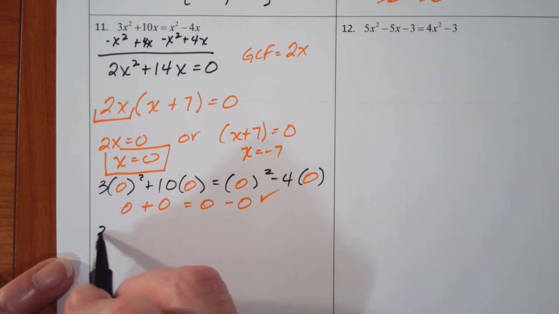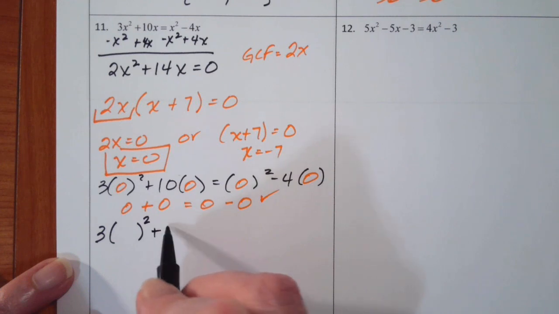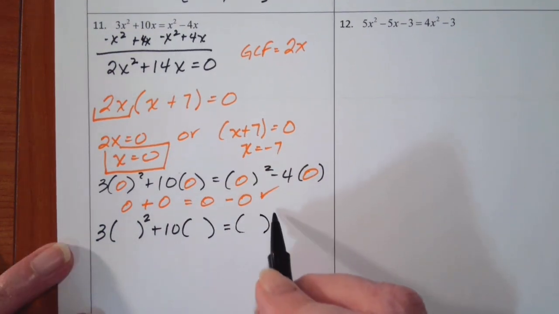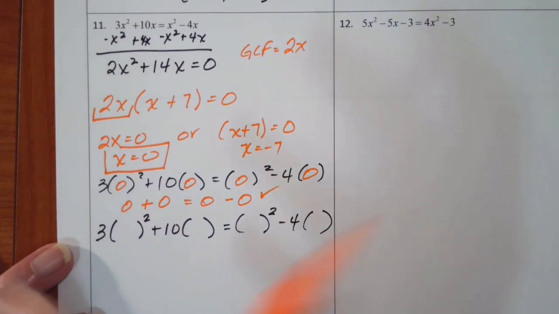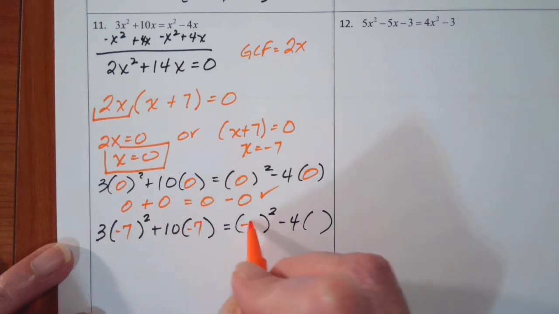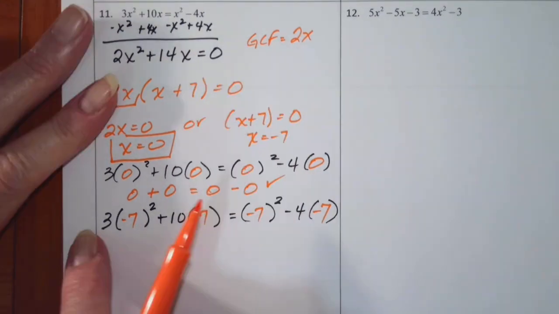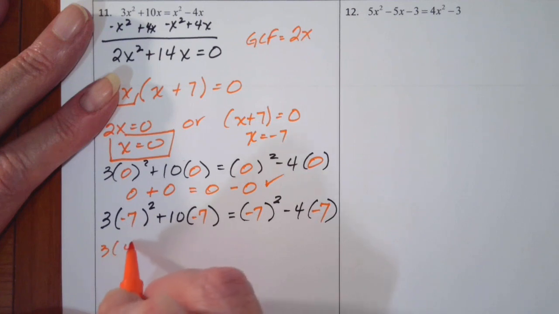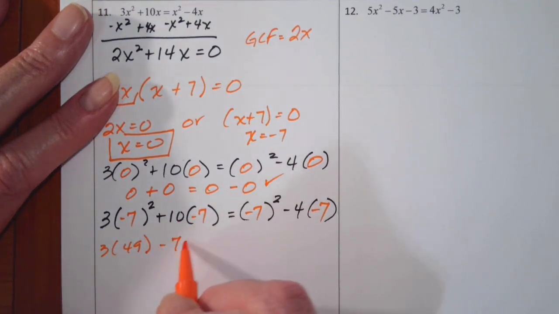Okay, so this one, I don't have a 0 in this one, so this may take me a little bit longer. Okay, so this is -7, -7, -7, -7. Okay, so -7 squared is 49. So 3 times 49, 10 times -7 is minus 70.